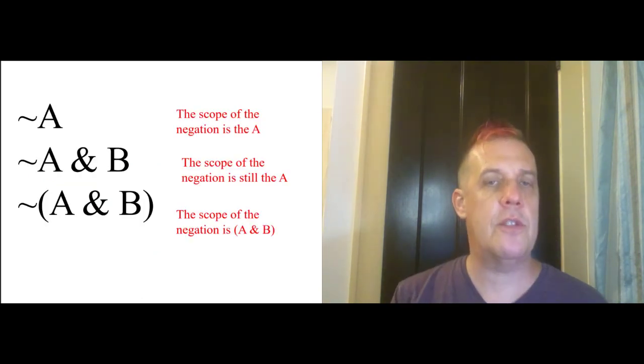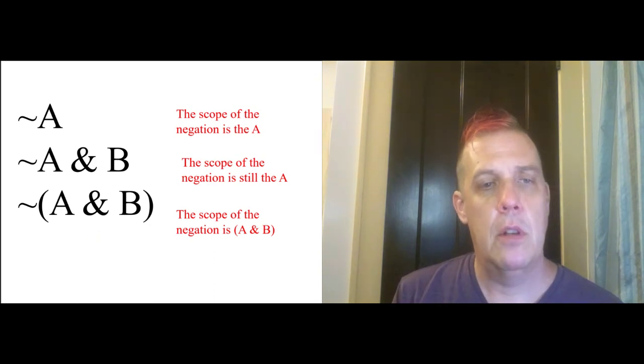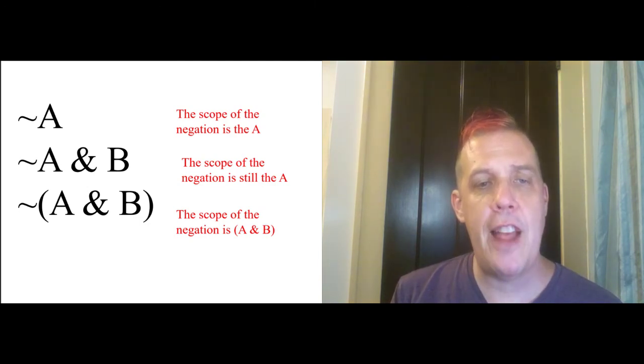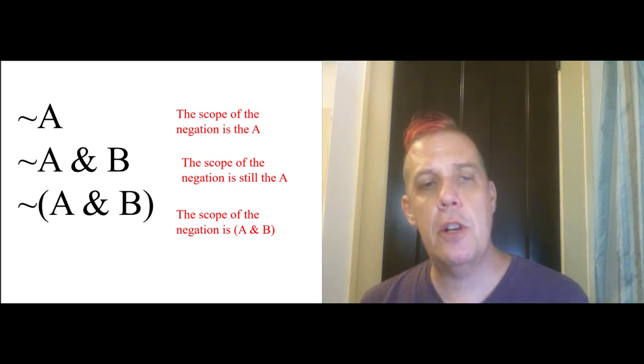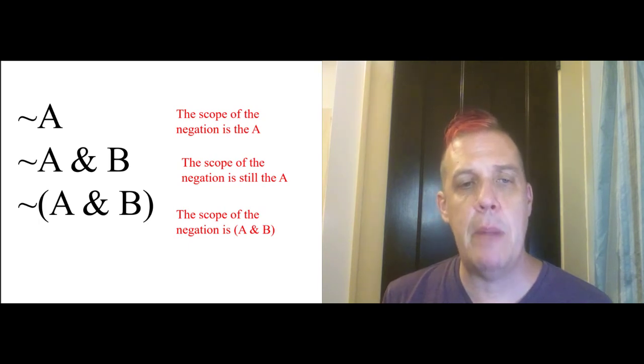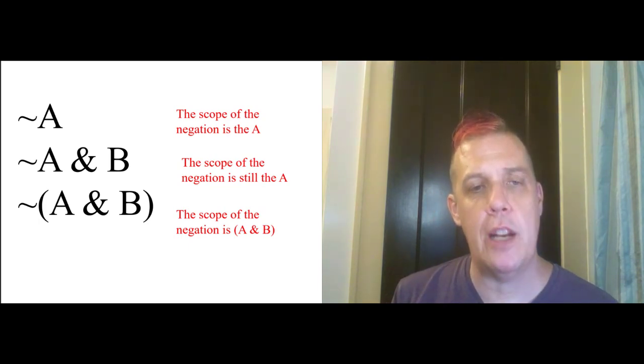So for the top sentence, the scope of the negation is A. For the second sentence, the scope of the negation is still A. But because of the parentheses, the third sentence has both A and B in the scope of the negation. So in the third sentence, the negation is the main connective because it was the last one added to the sentence when we were building it up recursively. And it has everything else in the sentence in its scope.